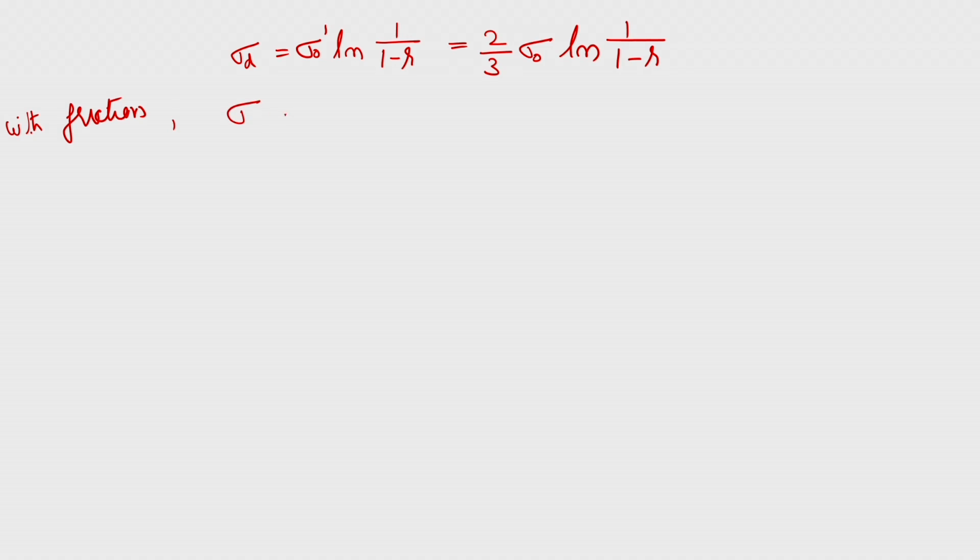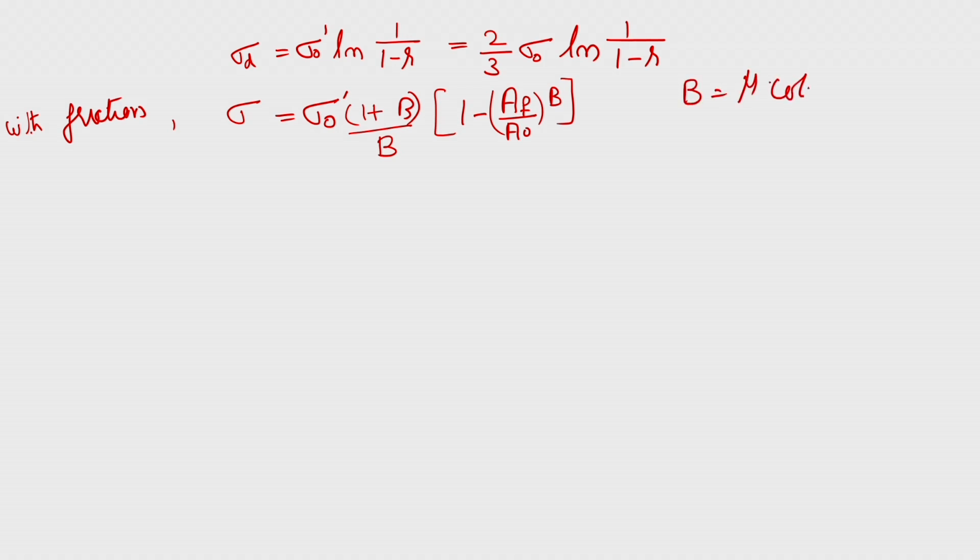If you are considering friction, we can write sigma d as sigma 0 dash into (1 plus b) by b into 1 minus (final cross-sectional area by initial cross-sectional area) raised to b, where b is equal to mu cot alpha, and alpha is the semi die-angle. This is what we arrived at last day.